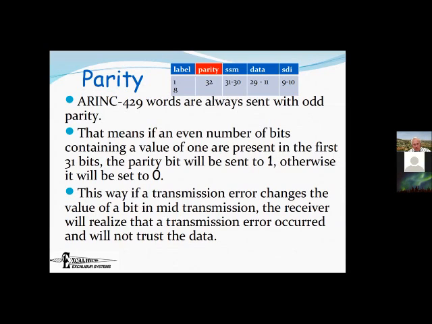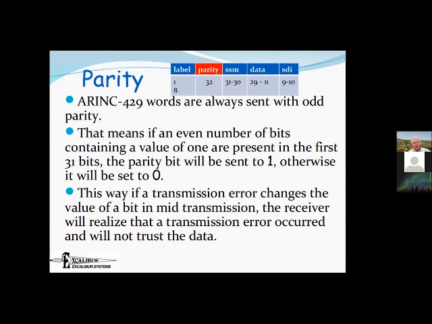Because there are noises in life, and there are electrical noises, lightning can come nearby, there's all kinds of reasons why data might be a little bit messed with. So what we do is we say, well, we've got 31 bits so far, and those 31 bits are either ones or zeros. Let's count up the number of ones.